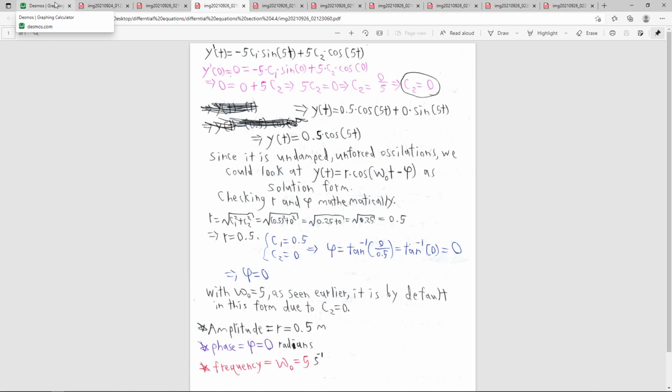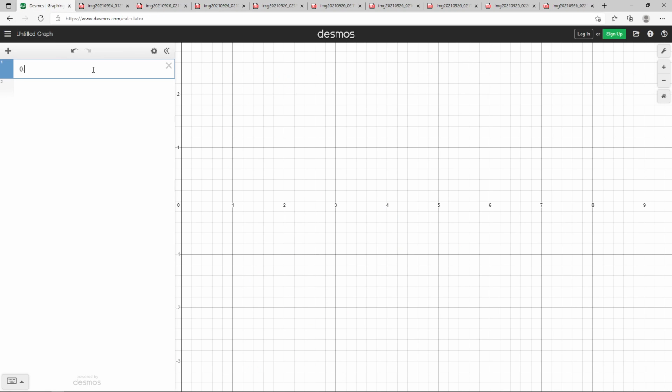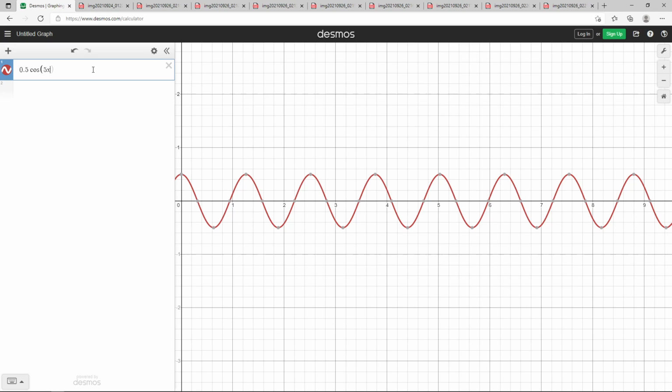So here we have a simple 0.5 cosine of 5t. It makes sense. It's a very simple equation. 0.5 is the amplitude, so you see that it oscillates between 0.5 and negative 0.5.